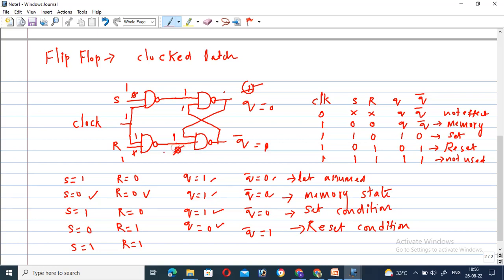So this value is equal to 1. 1 1 means the NAND gate output is equal to 0. Okay, so this 0 is again applied here. Here also, a 1 1 combination gives 0. A 1 0 combination means the NAND gate output is equal to 1. So this one is applied here.